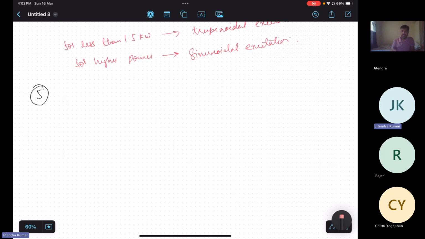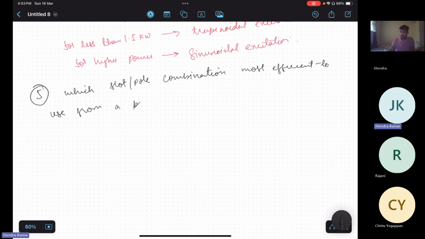which slot pole combination is most efficient to use from the perspective of lowest inverter switching loss for a BLDC motor?